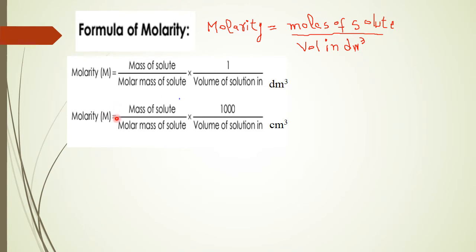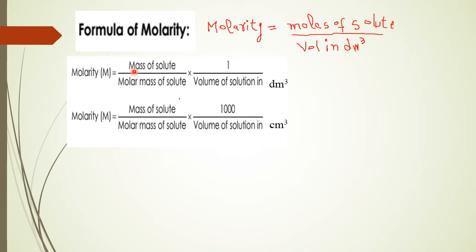Okay, now the formula of molarity. These are the 2 formulas of the molarity which are given to you here. Now molarity is mass of solute divided by molar mass of solute into 1 divided by volume of solution in dm cube.